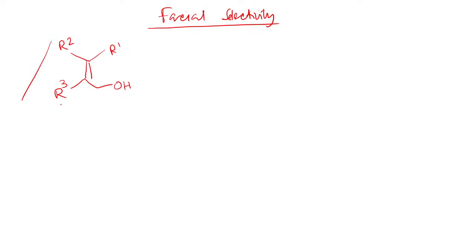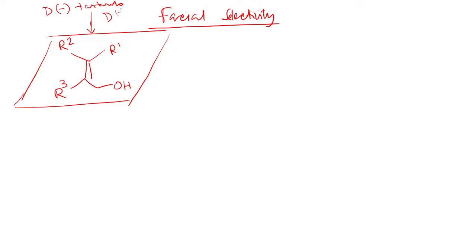Now this alcohol is in the plane, so all groups are in the plane. Now D minus tartrate, or D minus DET, will approach from the top side. So that will attack from the top side, and you can draw the product also, and later we will discuss by example.